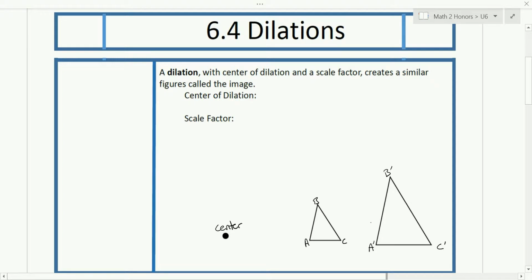Also, because they're similar to each other, you have some kind of scale factor. So let's say the side lengths were 2, 3, and 4, and I do this dilation, and let's say A prime B prime ends up being 5. So what would my scale factor be?